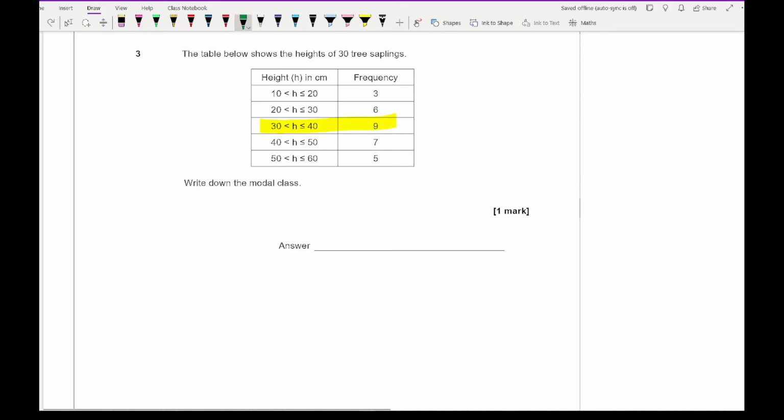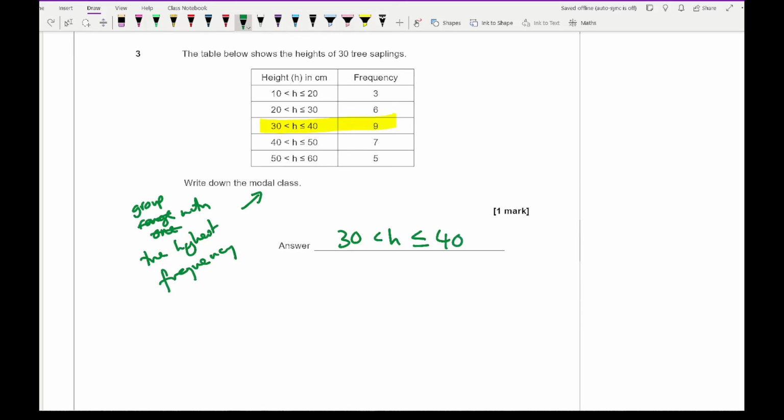So the modal class is the group with the highest frequency, and that's going to be 30 to 40. And you always want to try and write that in exactly how it's written in the table.